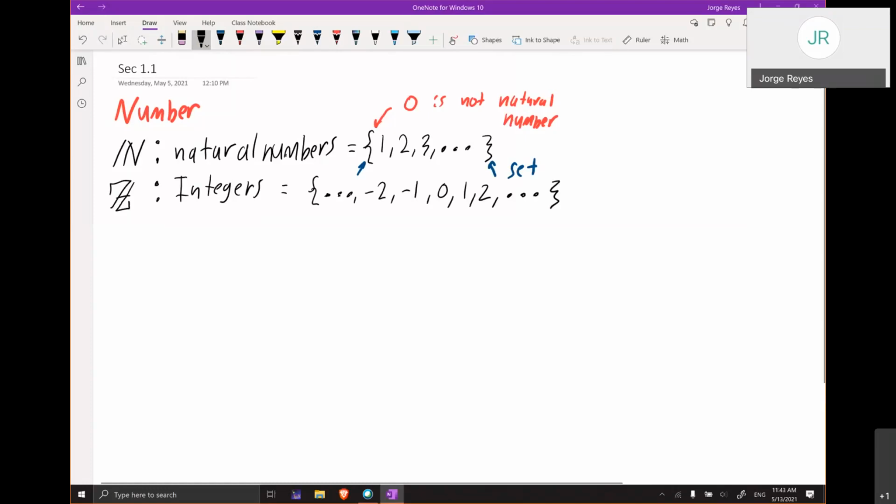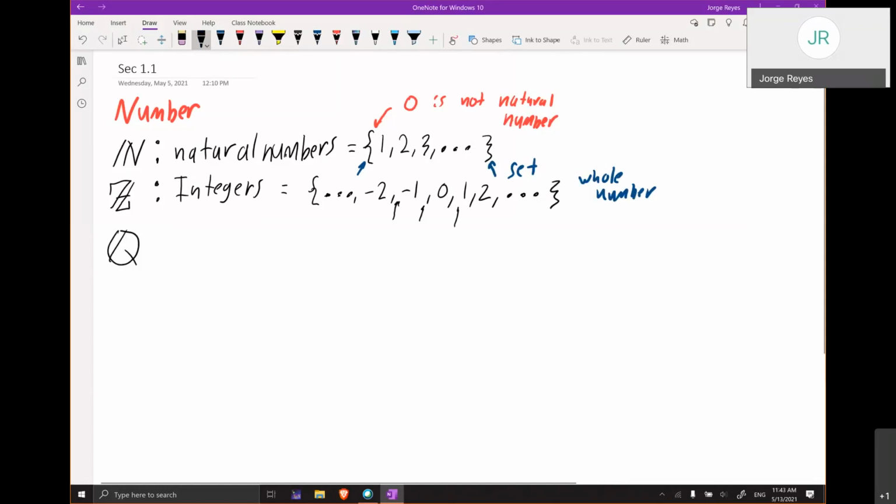Sometimes we also call these just the whole numbers, because they're all of the numbers that aren't fractions. So, integers.